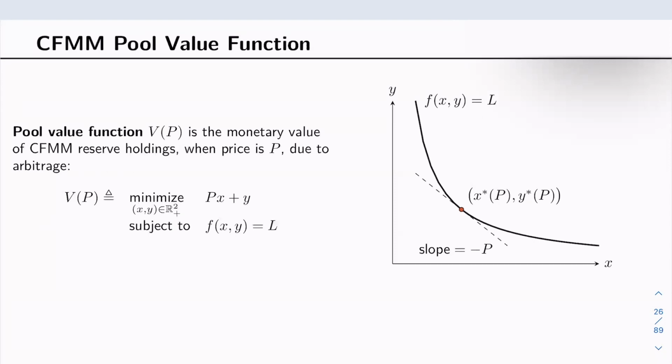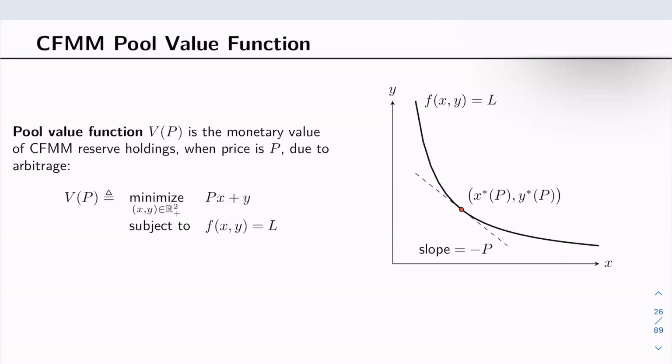In terms of doing analysis, a very important object in order to understand this structure is something we call the pool value function. So the pool value function V of P takes as an input a price. And this is, let's say, the price of the asset on the centralized market.